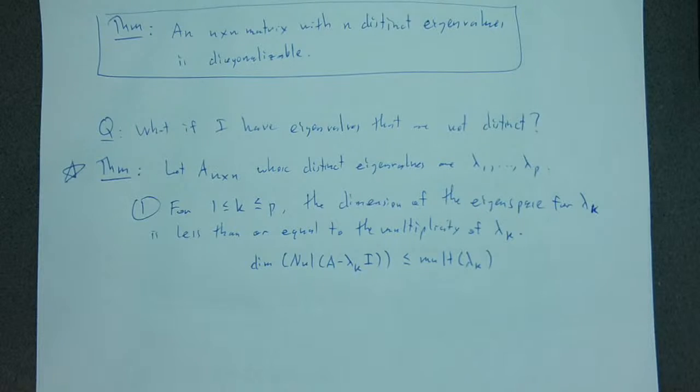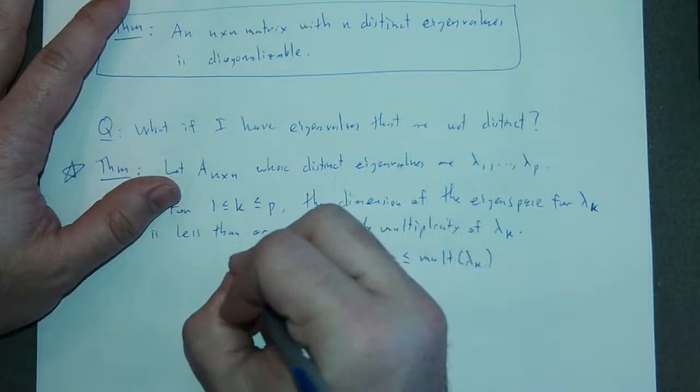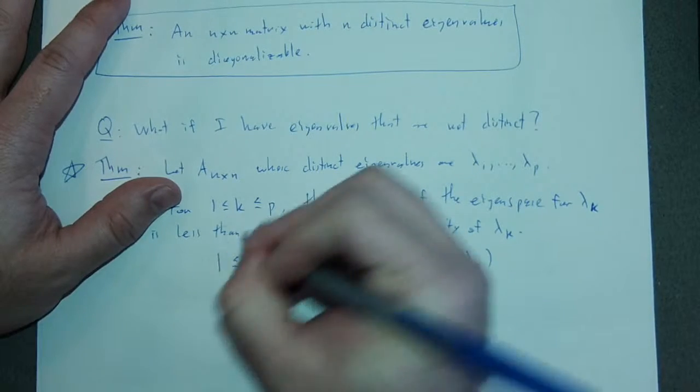And Gustavo asks the question, so this dimension has to always equal the multiplicity? Yes, that's the idea. This always has to be an equality if you want the thing to be diagonalizable. That's right. But unfortunately, in general, this is all you get. Now, this dimension is also, technically, always bounded below by 1.